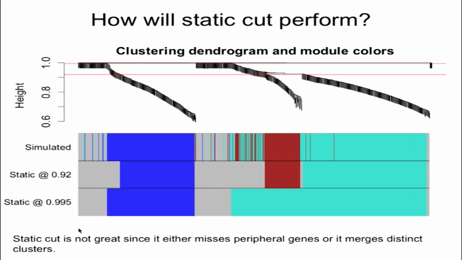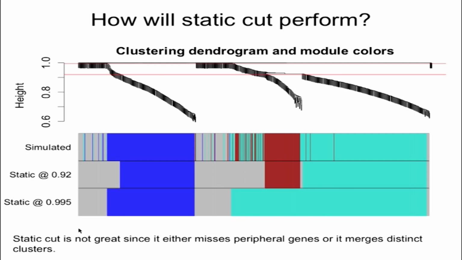But something interesting is going on. Notice that a lot of the turquoise genes end up also here, to the left of the brown branch. So the static approaches don't work. In contrast, when you use the dynamic approach, it already captures the true underlying cluster structure much better.